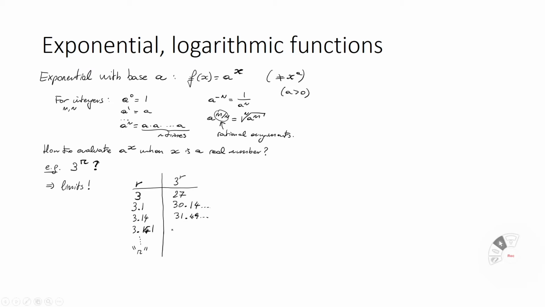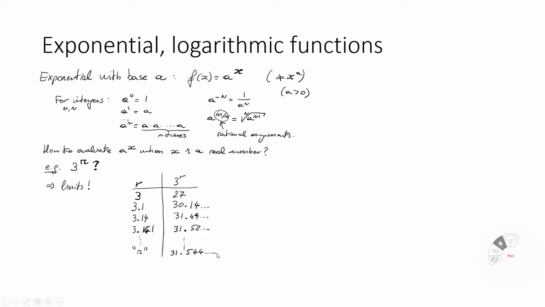These are rounded values, not exact values. 31.52, and so on. And if we keep doing that, we get closer and closer to the actual value, which is 31.544, and then a bit.